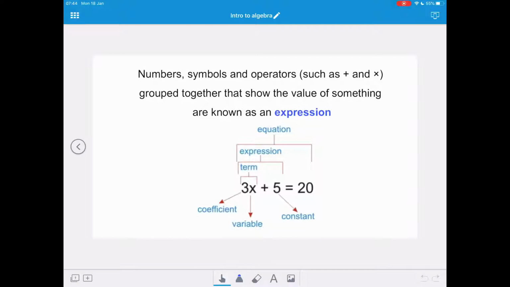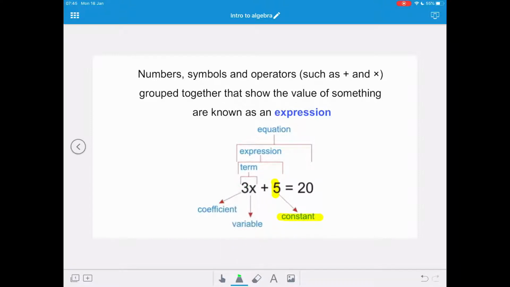Now looking back at the expression, the 3x plus 5, the 3x and the 5 are known as terms, and we know already from our BODMAS work that the addition is an operator. Now the 5 is known as a constant term, it's a numerical value. We then have a letter in our 3x term.